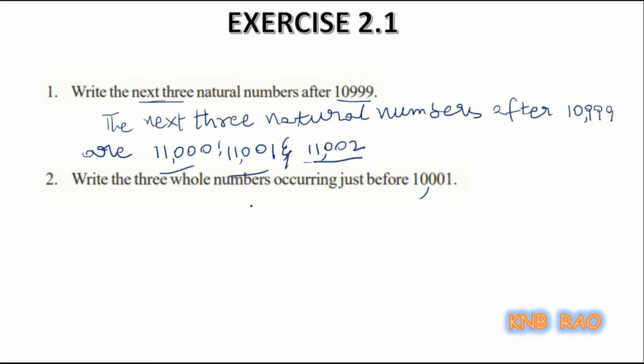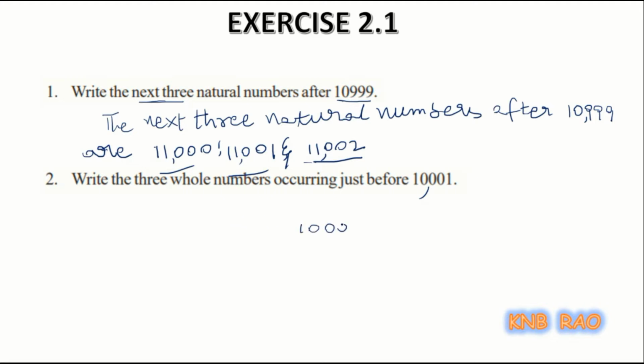The 3 whole numbers occurring just before 10,001 are, write the same way the working step. I will write only the numbers.